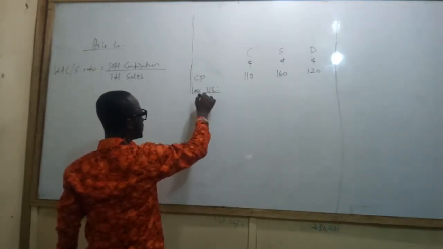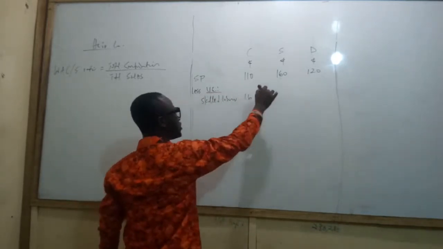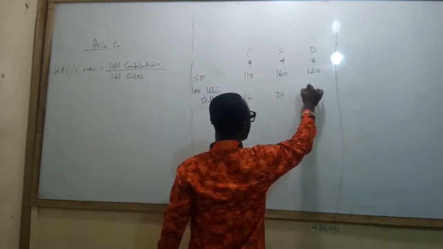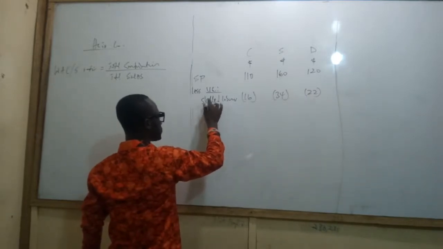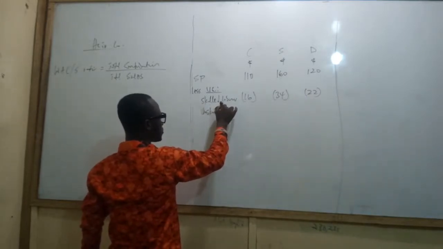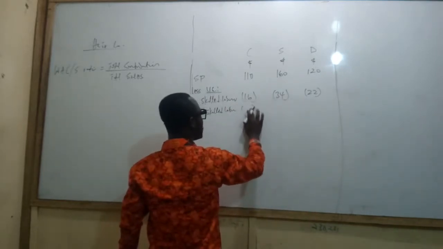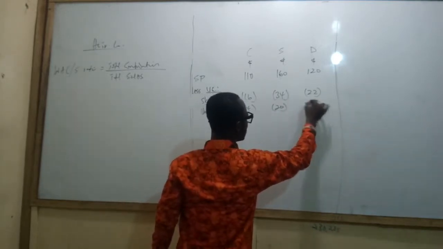Skilled labor, I guess: 16, 34, 22. Then unskilled labor: 40, 14, 20, 28.